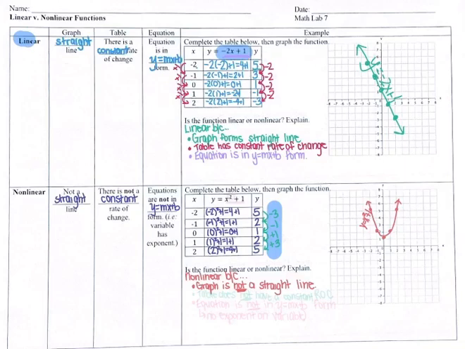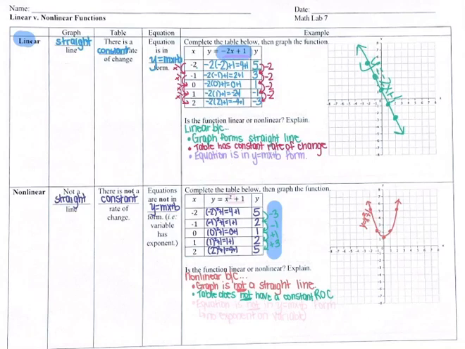So there's no constant rate of change. I'm going to use ROC for rate of change because I'm running out of room.